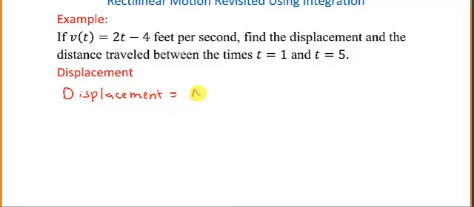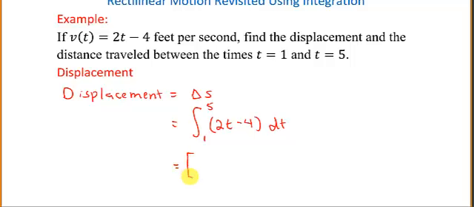which is equal to the change in position, is going to be the definite integral of velocity on the interval from 1 to 5. Now think about why this is true. We'll talk about this as this progresses.